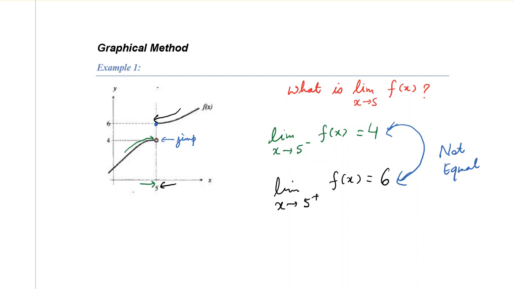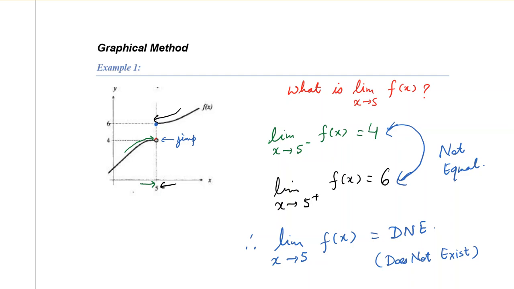So the one-sided limits exist, but the conclusion would be that the limit as x approaches 5 of f(x) does not exist. DNE stands for does not exist. I'm going to use this notation again and again in my videos, so please remember it means does not exist.